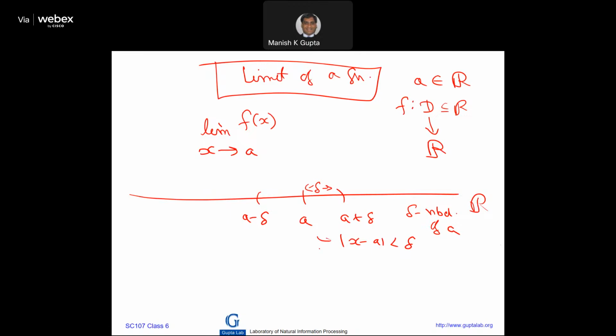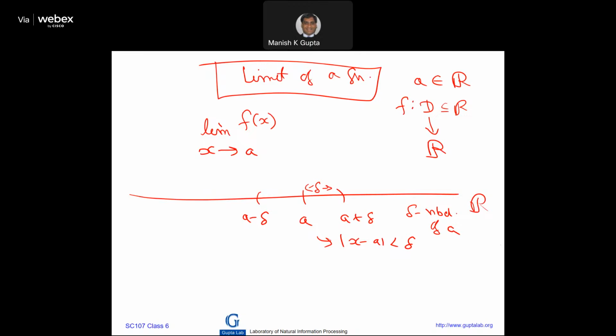Do you agree this whole thing corresponds to this? Because x lies between A minus delta and A plus delta, that means |x minus A| is less than delta, right? The distance between x and A is |x minus A|. So this is the key idea.